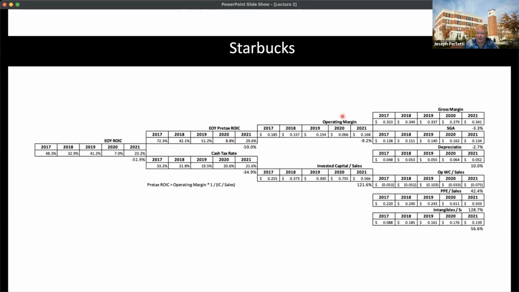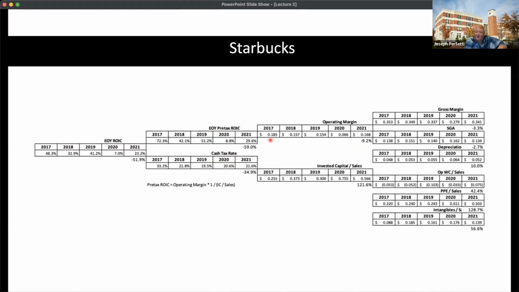Drivers 2 and 3. Driver 2 is the operating margin, also known as EBIT margin, EBIT divided by revenue. In 2017, their operating margin was 18.5 cents. You buy a cup of coffee, they make 18.5 cents of cash profit.